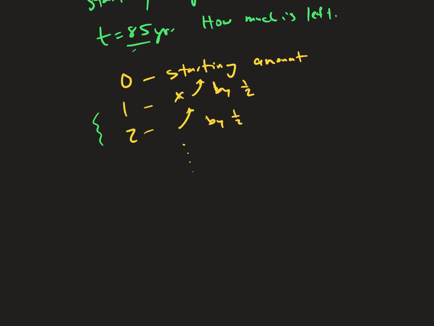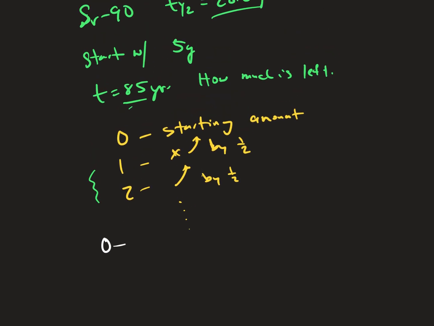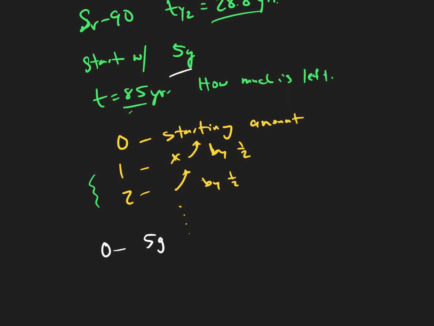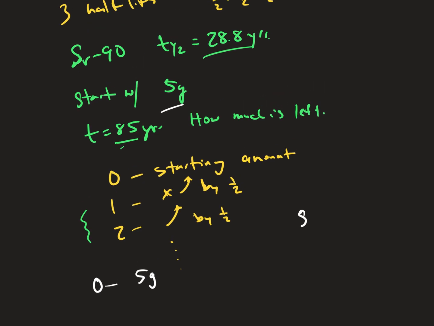So let's start this problem. At time 0, how much do we have? 5 grams. And we just figured out 85 divided by 28.8. So in other words, the time divided by our half-life is equal to the number of half-lives, right?